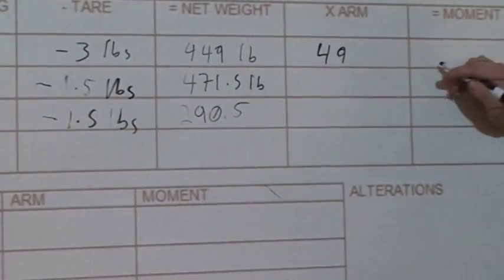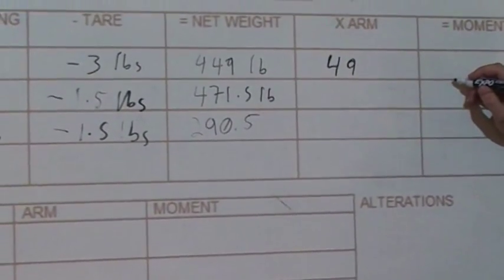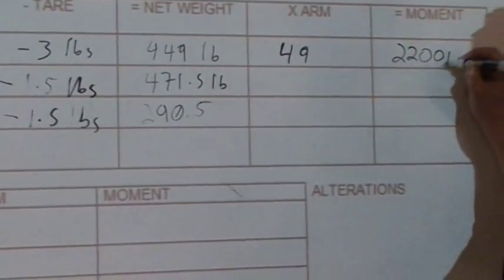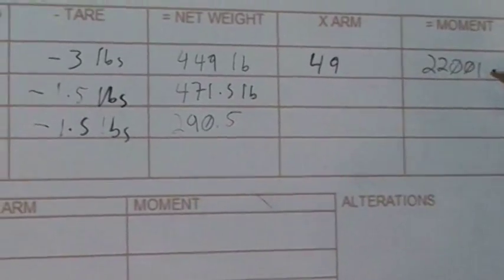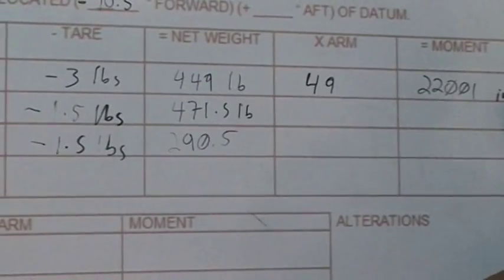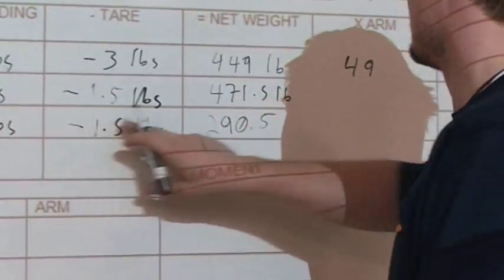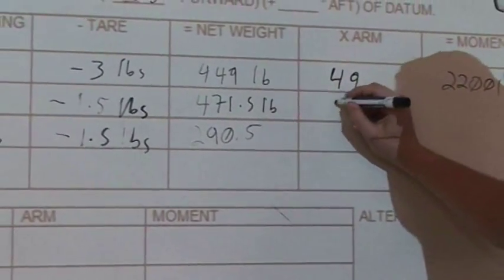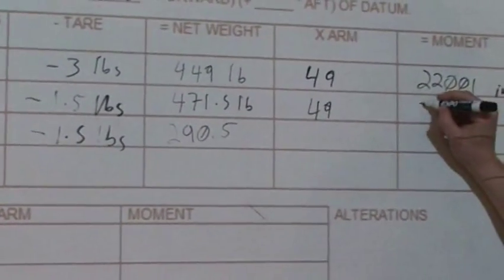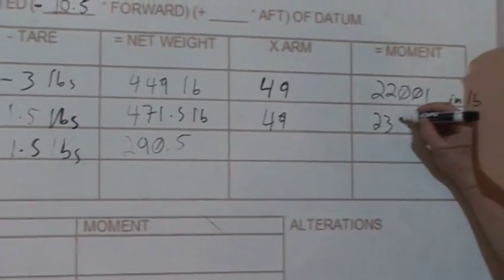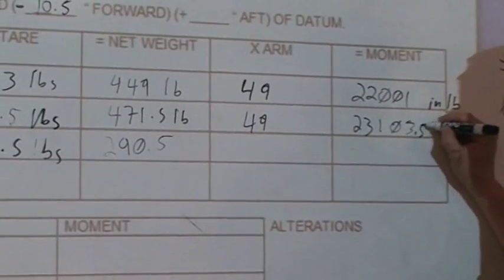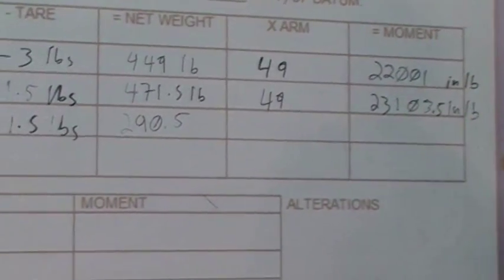And the moment was 22,001 inch pounds. And then our right main, the arm was 49, and the moment was 23,103.5 inch pounds.